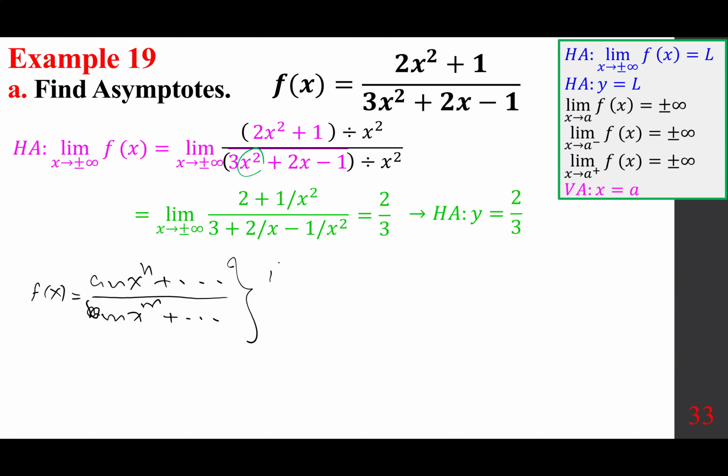Now, if n is less than m, then y equal to 0 is the horizontal asymptote. If n is equal to m, as it is the case here, both of them have degree 2, then y equals a sub n over b sub m. The coefficients take over.